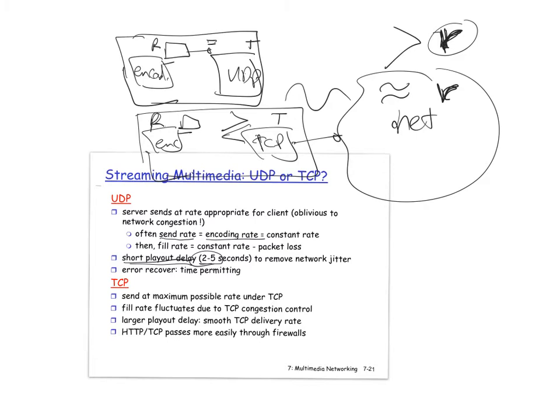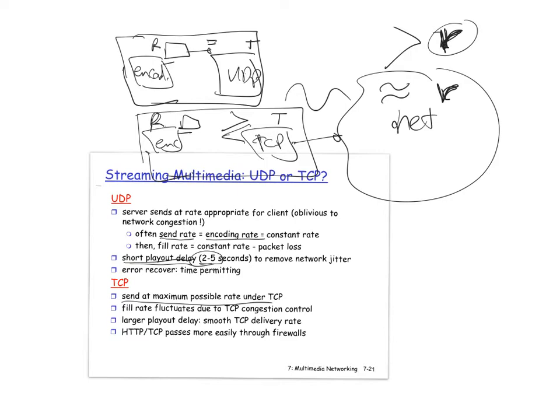Versus for TCP, so TCP tries to send at maximum rate. So it tries to push all the packets as much as the network can handle. And then, if it finds any problem in the network, then it drops the rate sometimes to half, and then it goes up, and then it goes down, and then it goes up.